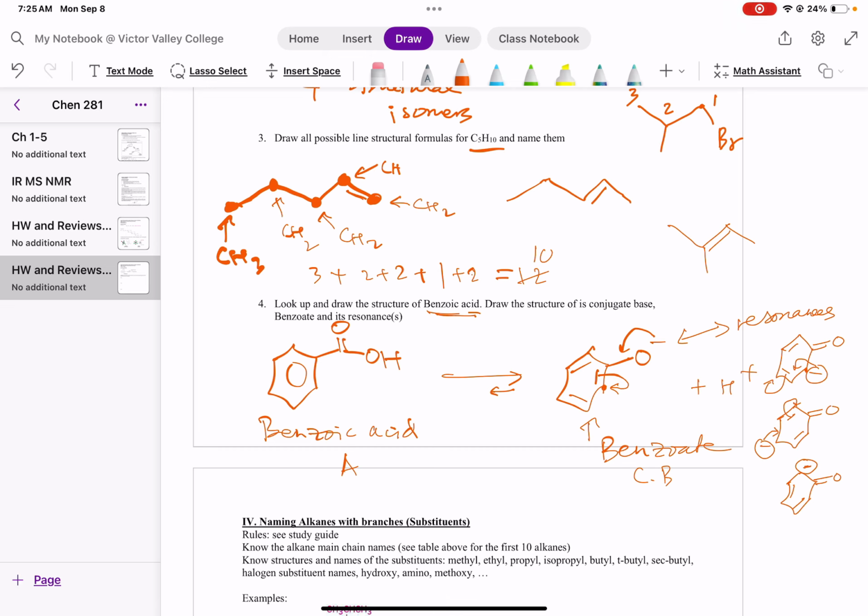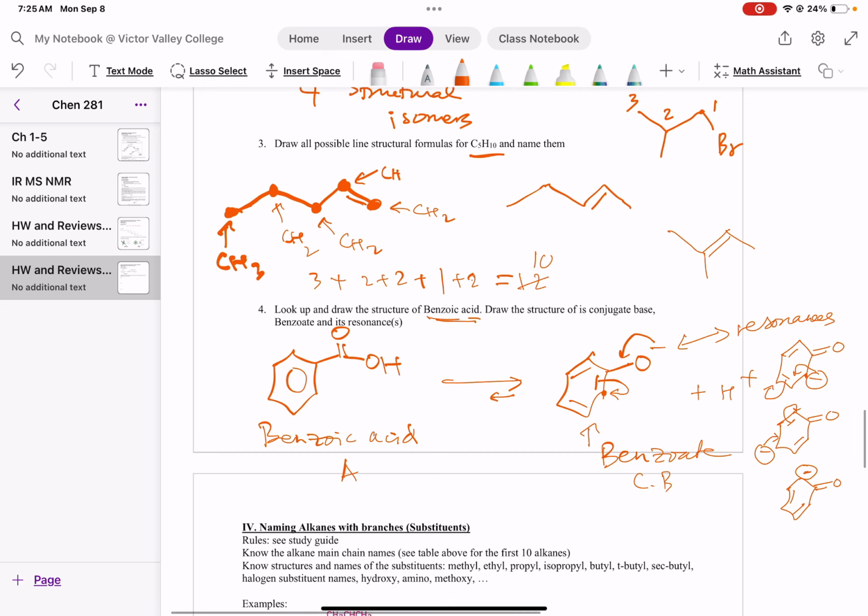So those are the concepts and skills that we need to know for chapter 1 and chapter 2, and you should be good. Other than that, we got bond polarity, intermolecular forces. Sometimes we run into those to explain the boiling point and other physical properties.